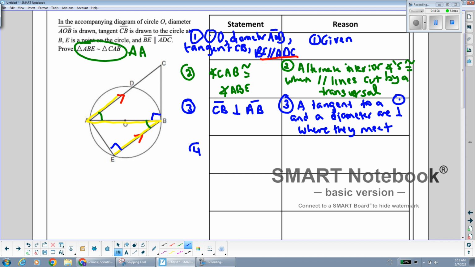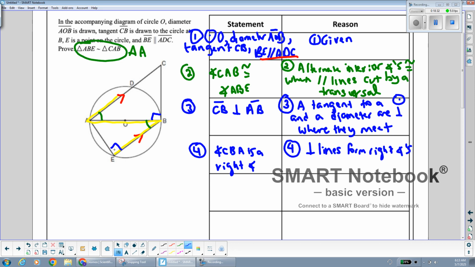And then I can say that angle CBA is a right angle because perpendicular lines form right angles. And that takes care of this right angle.